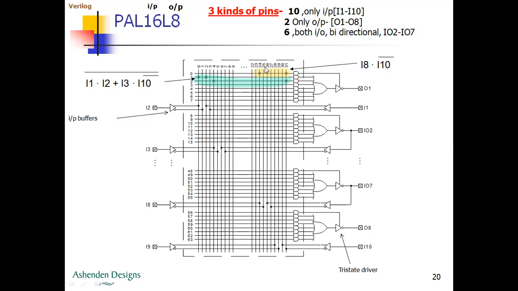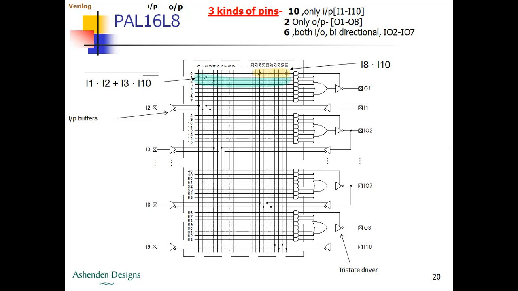So this vertical line 24 will take the input from I8. Similarly, vertical line 31 will take I10 bar. Hence we have the product term at the end of the horizontal line, and that will give us I8 dot I10 bar. So this controls the tri-state buffer.